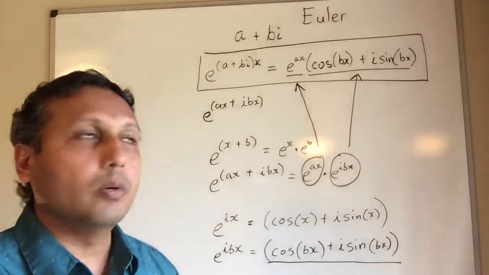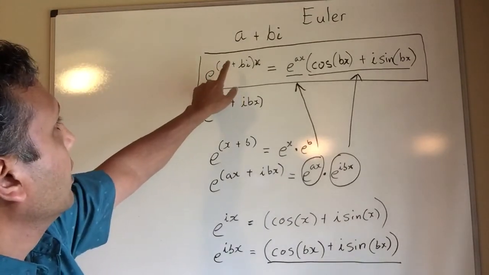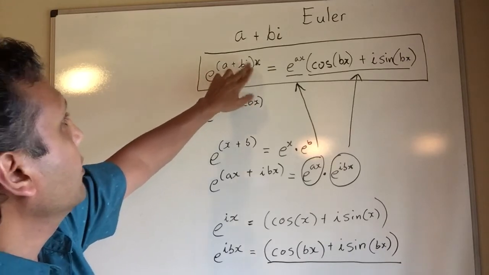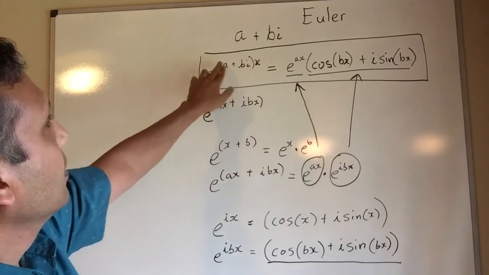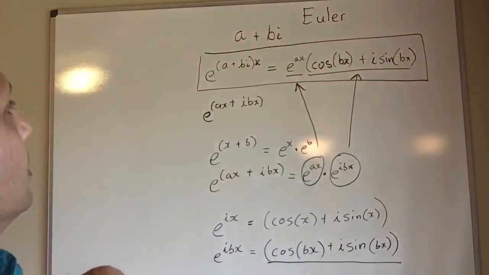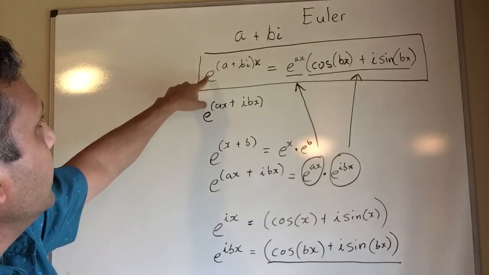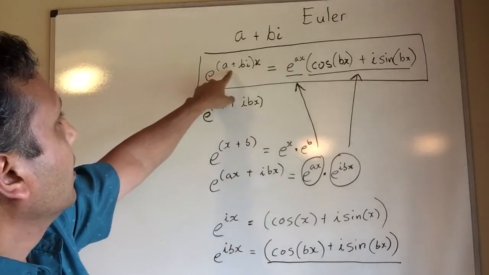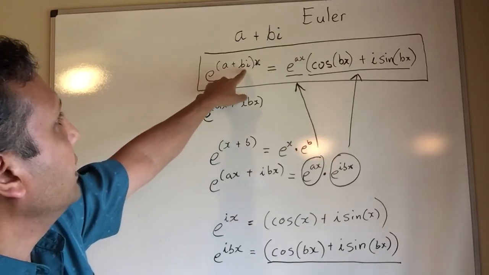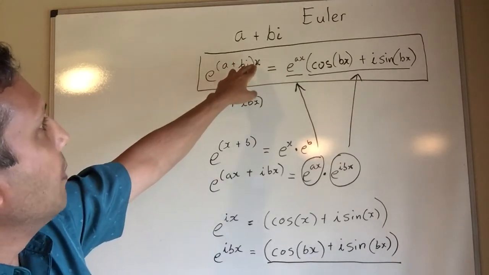In the previous video, I found the process that changed or converted this expression to this expression. So I have e raised to a power, and the power is inside the parentheses a plus bi, and outside the parentheses multiplied by x.